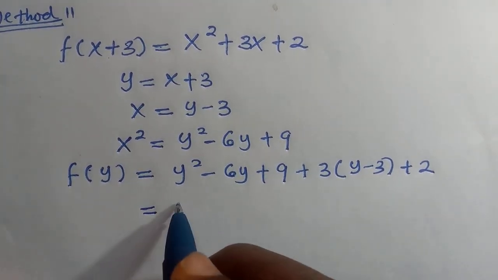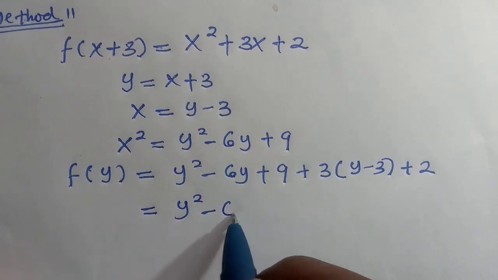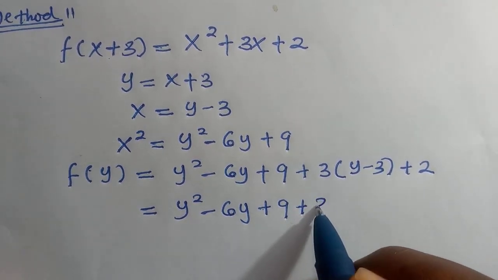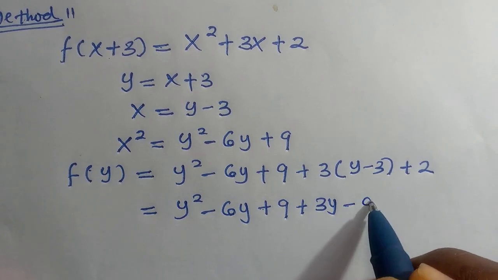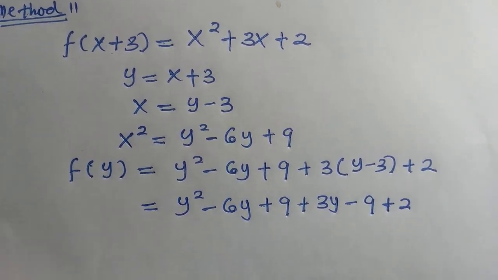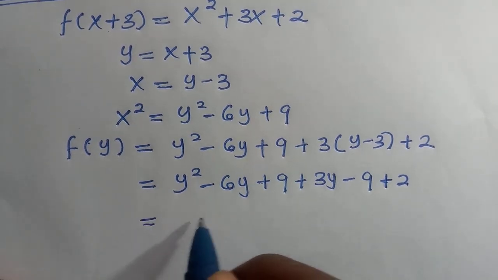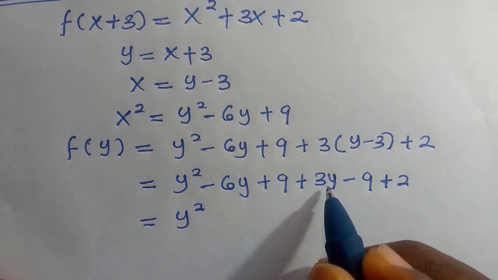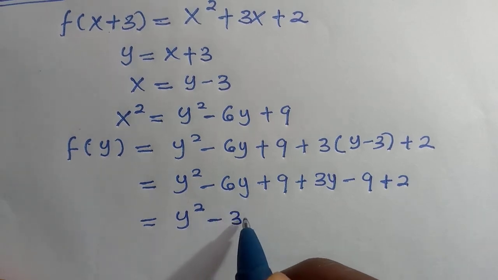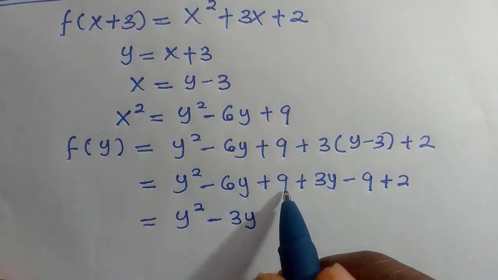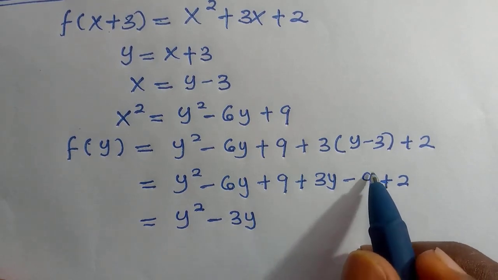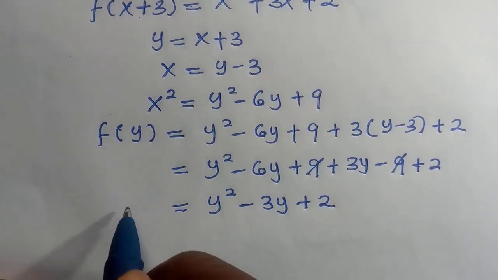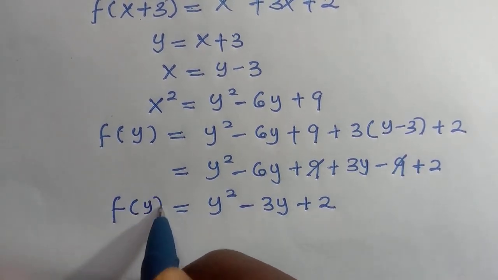So this equals y squared minus 6y plus 9, and by expanding this, we have plus 3y minus 9 plus 2. So this equals y squared, minus 6y plus 3y gives us minus 3y, and 9 minus 9 cancels, and we are left with plus 2, which is equivalent to f of y.